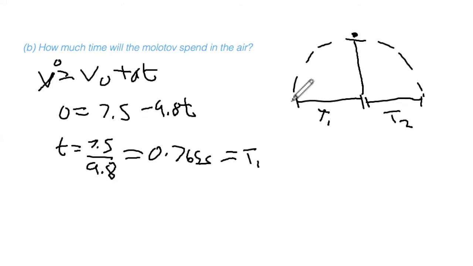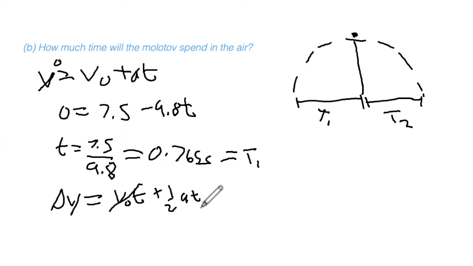All right, time 2. It's basically asking how much time it will take for the Molotov to drop from this height. We're already given the height, so we just solve for the time. At this point, the velocity will be 0, so this cancels out. Since this is a change in height, or h, the a is going to be equal to g. It's going to be positive since we don't want a negative time.